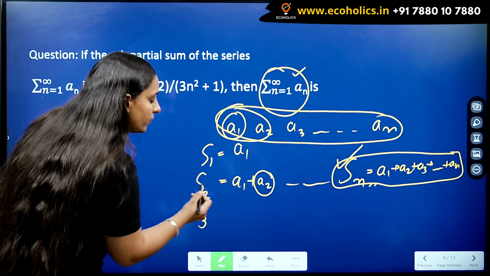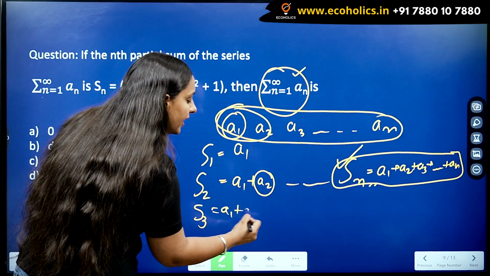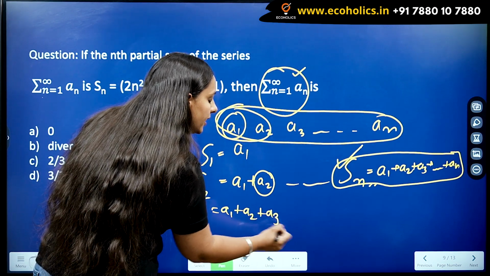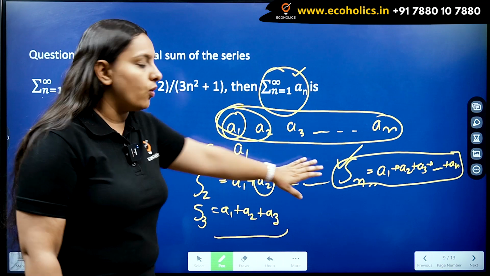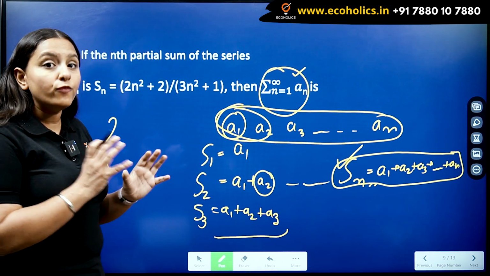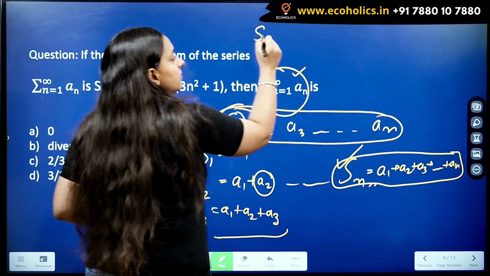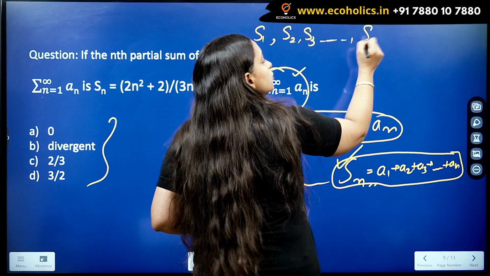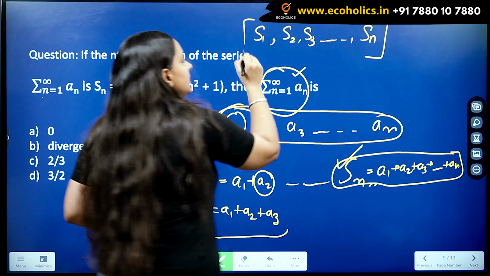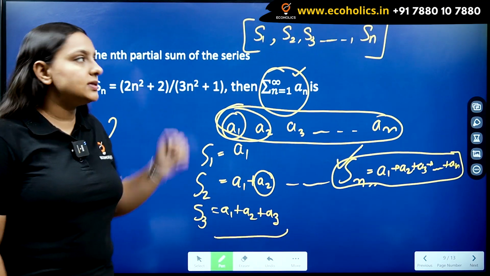Similarly, when I go from S2 to S3, one term again gets added, right? So these partial sums are also following some kind of order. So S1, S2, S3 are also forming a sequence.